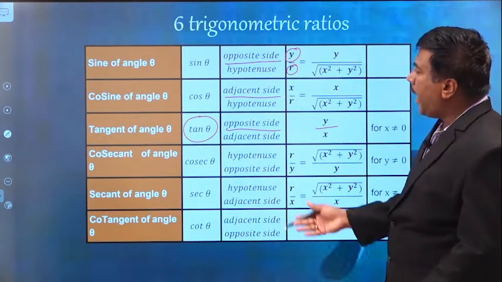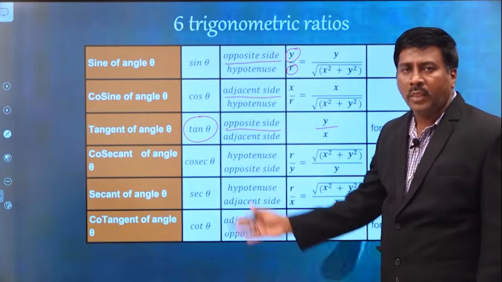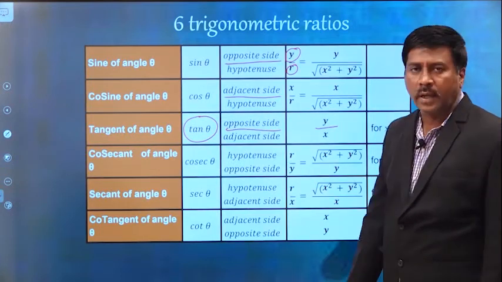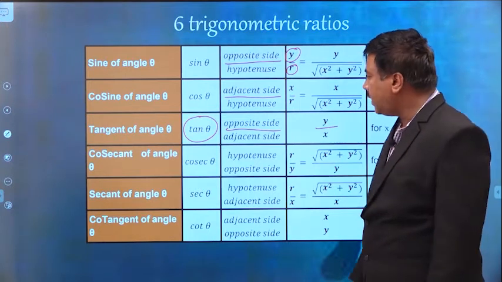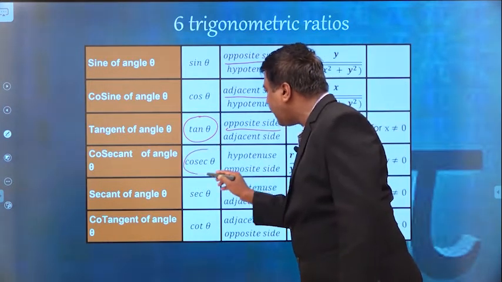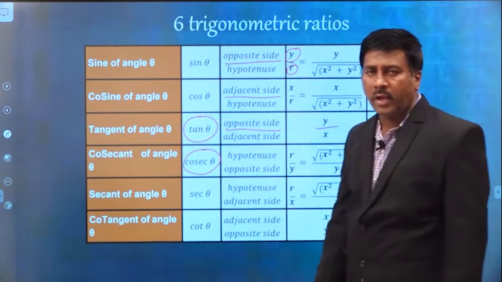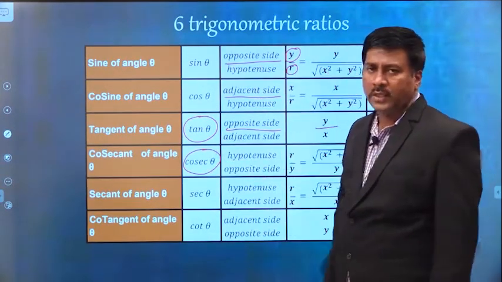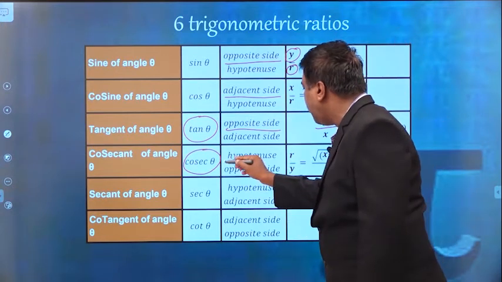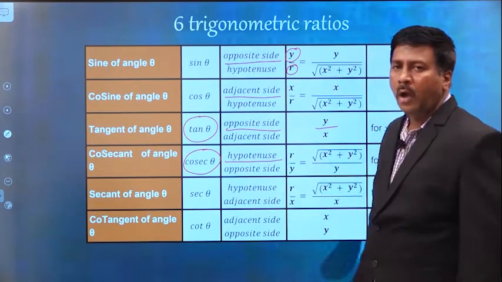Now we define the reciprocals of the three trigonometric ratios, sine, cos and tan. The reciprocal of sine theta is called the cosecant of the angle theta, written cosec theta. It is defined as hypotenuse by opposite side.